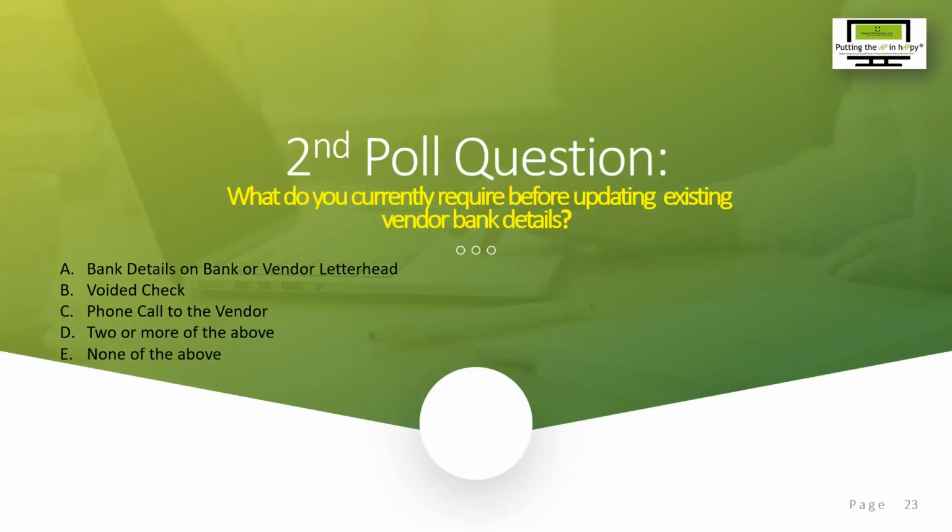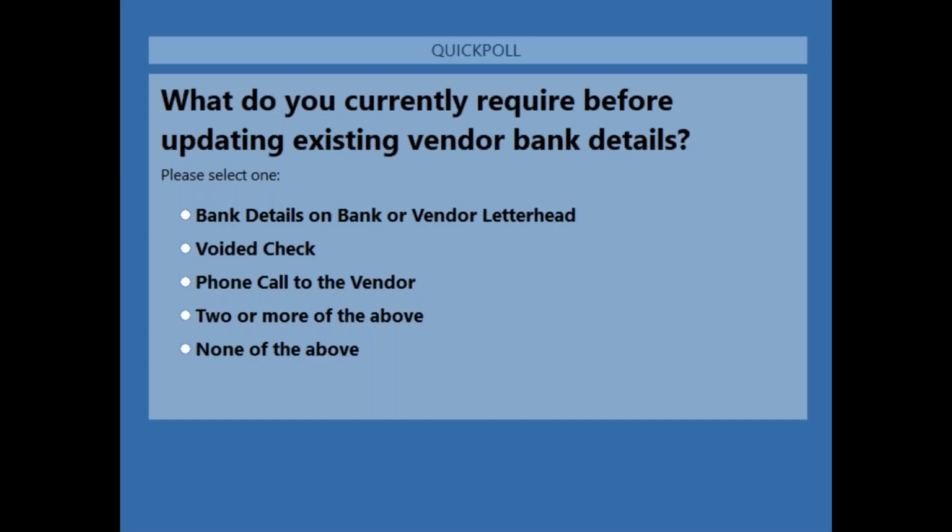All right, so now we're up to the second poll question, and let me go ahead and get that launched. All right, so what do you currently require before updating existing vendor bank details? The bank details on bank letterhead or vendor letterhead, voided check, phone call to the vendor, two or more of the above, or none of the above.